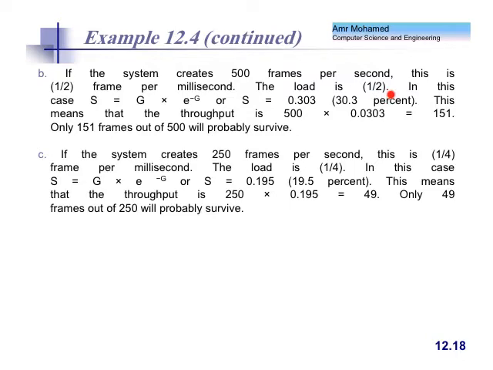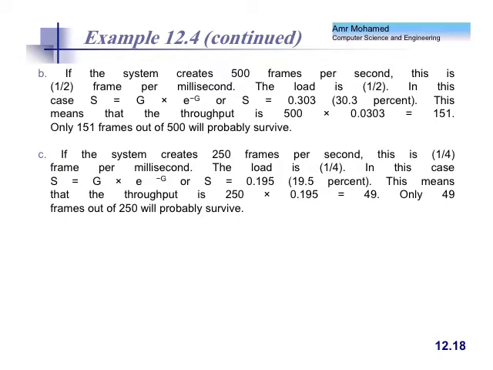So the throughput is 1/2 times E to the power minus 1/2, which is 0.303, less than 0.368, because for G equal 1 this is the maximum you can get.